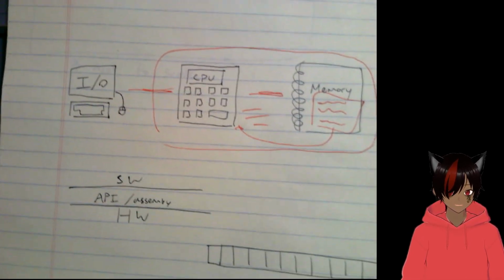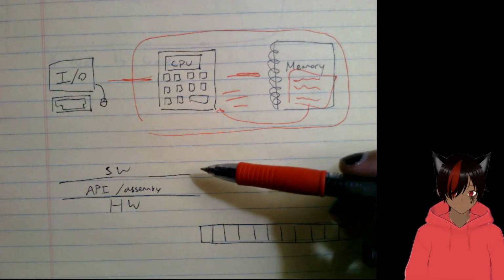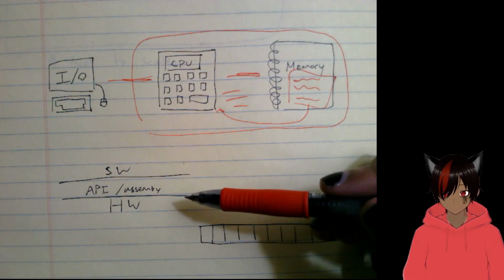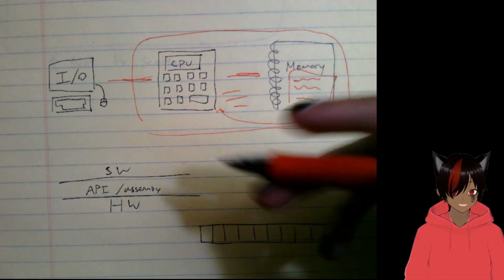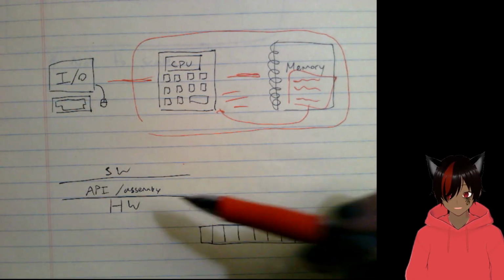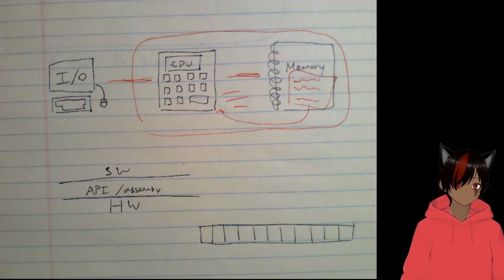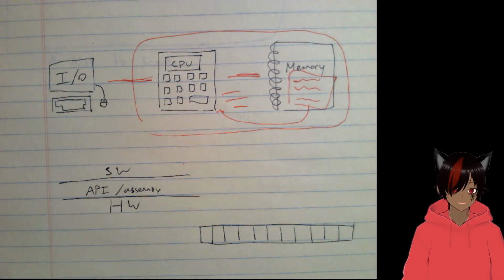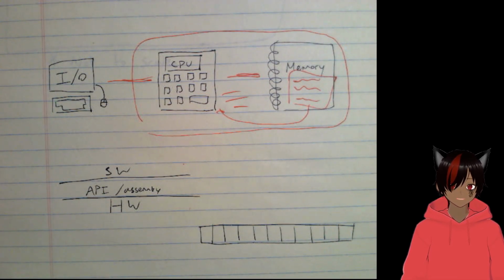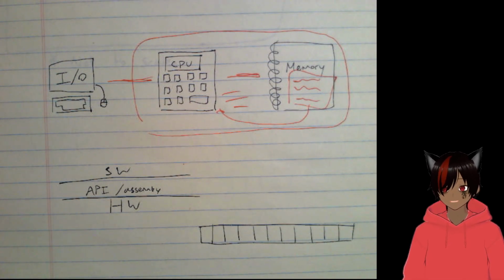So here's the view of some abstractions. We've got the software, we've got the hardware, and here is a sort of contract between the hardware and the software: the assembly language. The assembly language is the binaries, the bits that are able to be understood by the CPU.